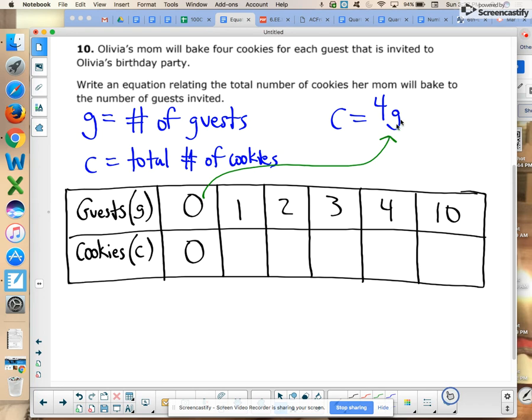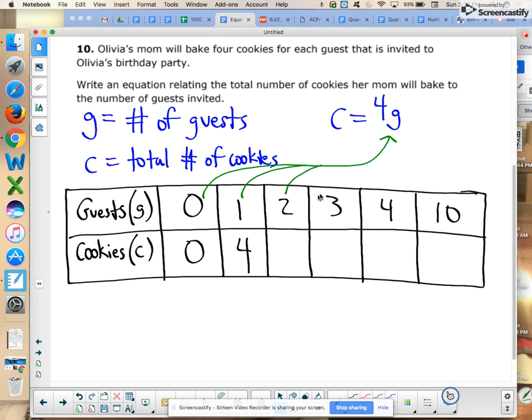For the next value, we're going to undo what we just did, and now we're going to plug in 1 for G. So we have 4 times 1, which is 4. And now we're going to do it for 2.